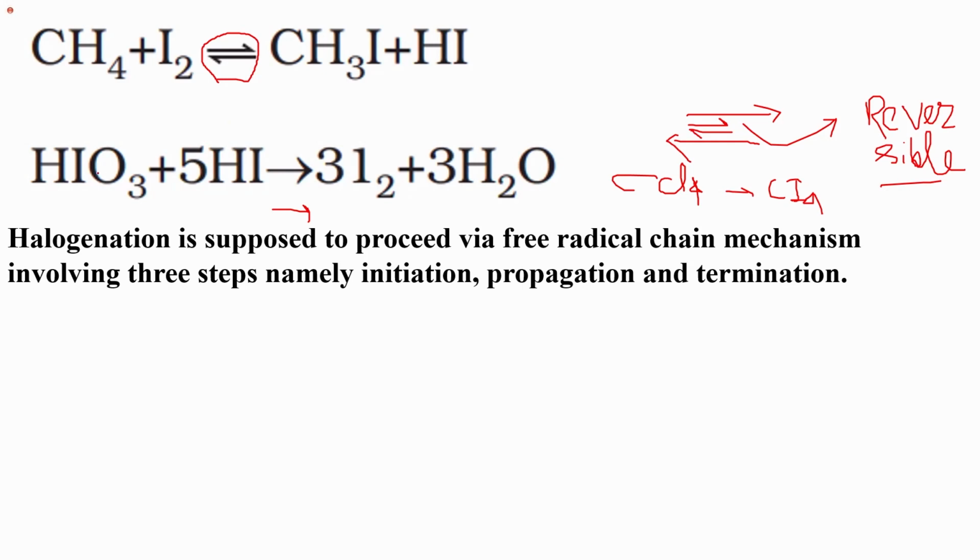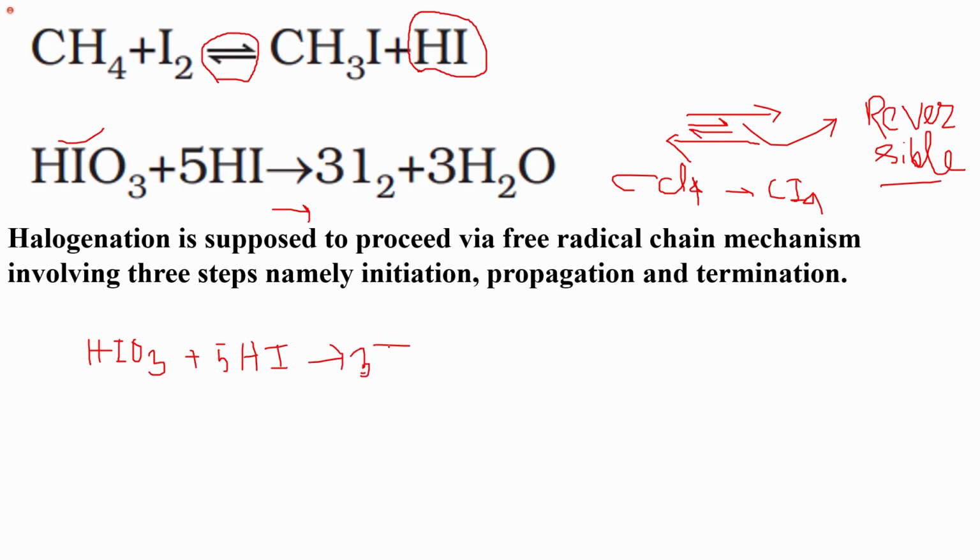Now the moment you add HIO3 and 5HI, what will happen? You have to completely consume the HI in your reaction mixture. For that purpose, we use this oxidizing agent, either HIO3, that is periodic acid, or HNO3, plus 5HI. The moment you add the 5HI, it will form the 3I2.